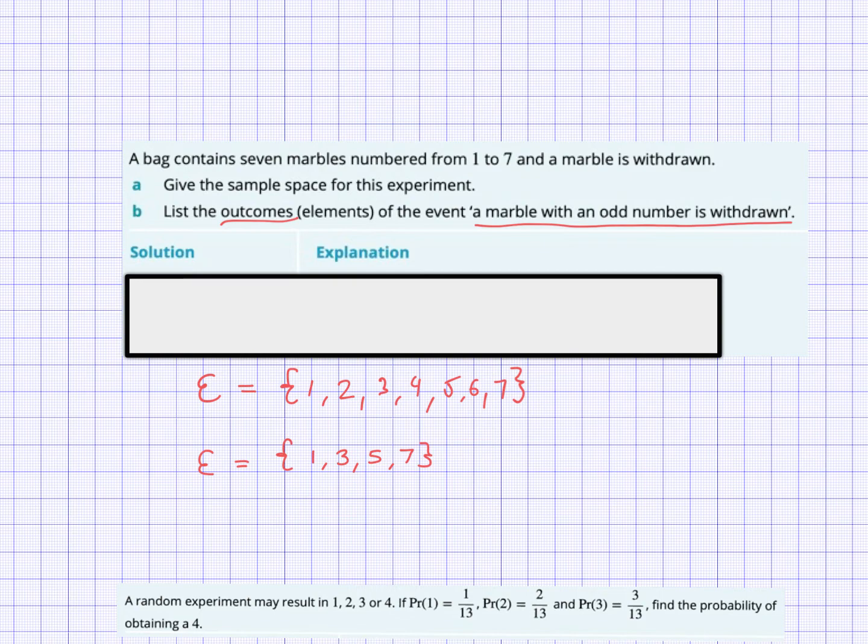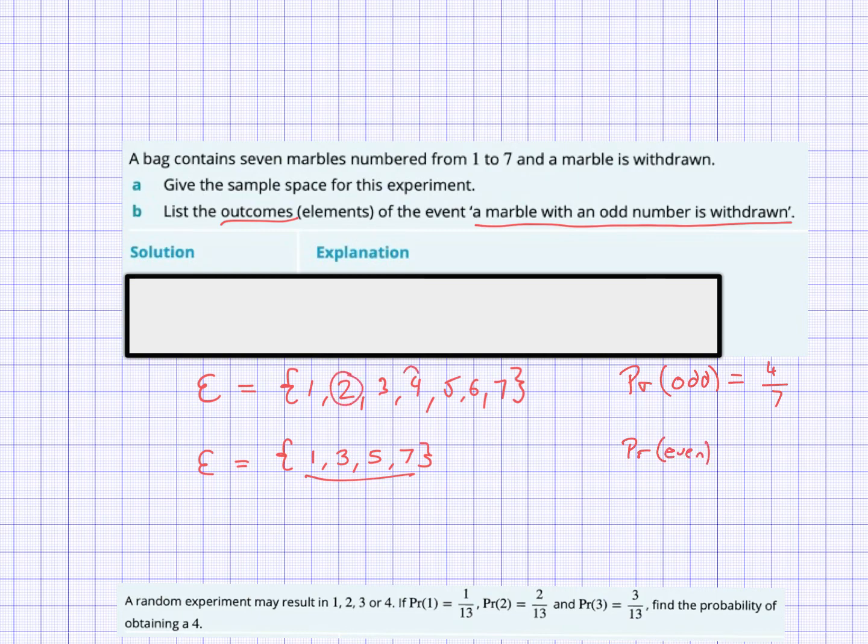Now, if we had to answer questions around this, let's say we're looking for a particular event, an event of an odd number. We want to know the chances. We would go, there are 4 odd numbers out of a possible 7. So the chance of having an odd number is 4/7. Let's say we were looking for an even number. What are the chances of finding an even one?